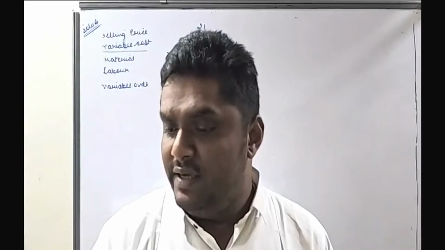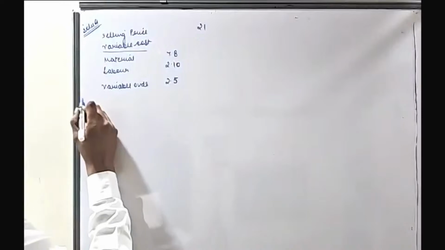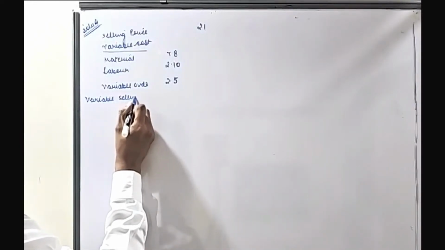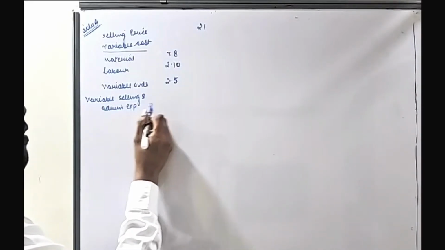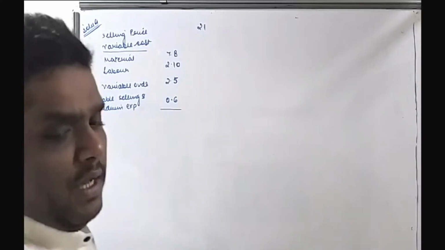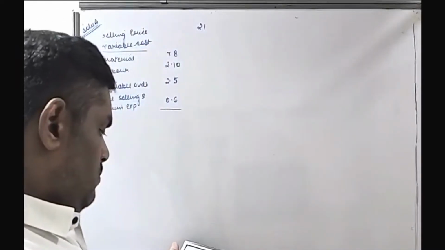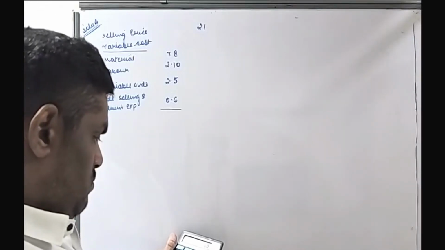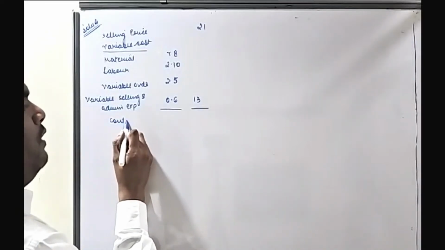And further, it is given that selling and variable selling and administration expenses are 60 paisa. So my total variable cost will be how much? It will be 13. Therefore, my contribution will be how much?